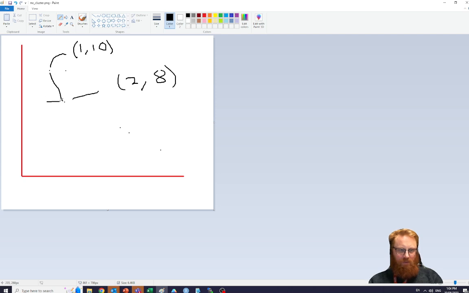So it's 2 minus 1, so 1 squared, plus the y difference, 10 minus 8, which is 2 squared, and then the square root of that. So that is equal to 4 plus 1, so it's the square root of 5. And we're not going to try and figure out what that is. So that's the distance between these two data points.